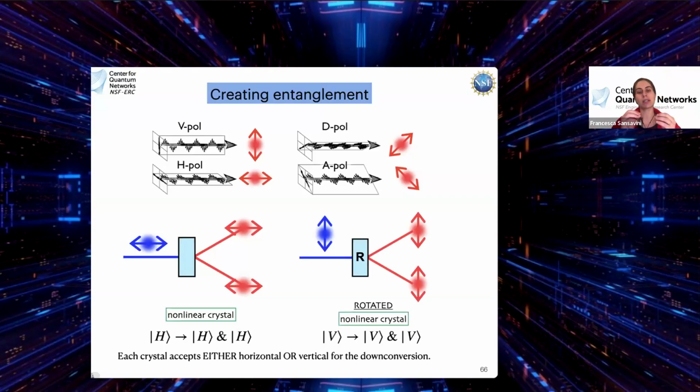And what I mean is that the rotated crystal, the one on the right here, will not accept the horizontal blue photon for the down conversion, of course. And the non-rotated crystal here will not accept the vertical one.